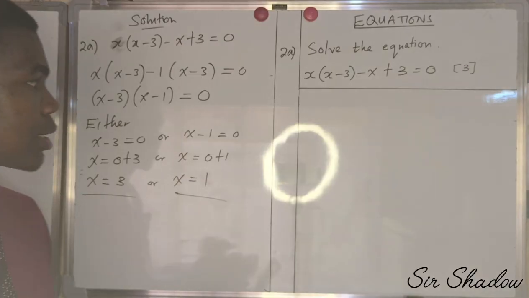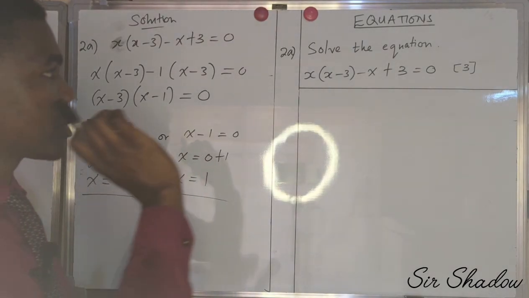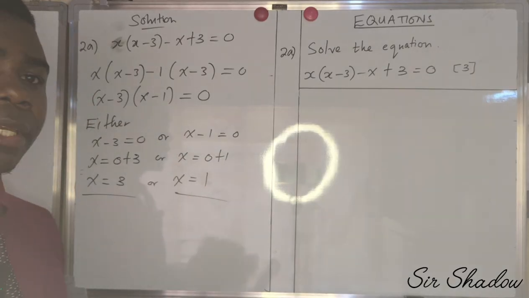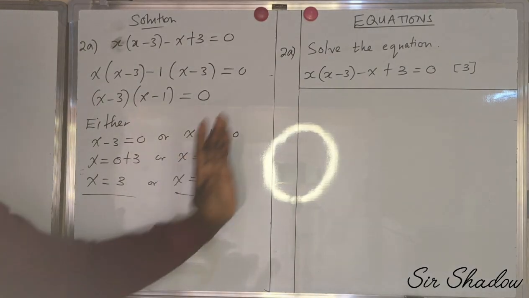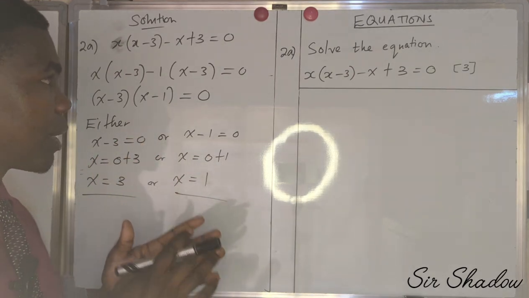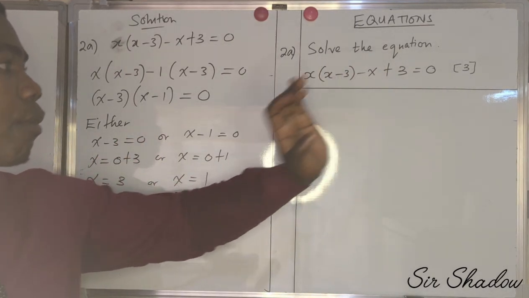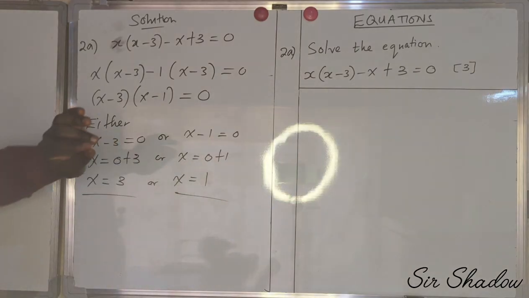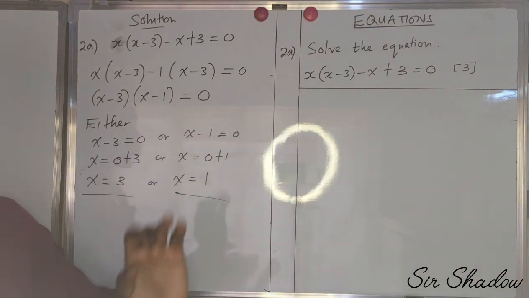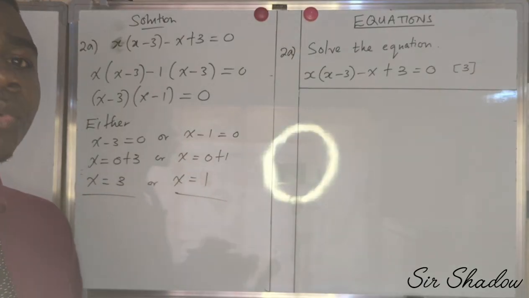So just enjoy this lesson so that if you meet such a question, you don't make mistakes. Why? Because I have managed to explain concept by concept. But at some point, you might be given a question in this form, or at this point, then asked to solve. Once you are asked to solve, no need to expand.